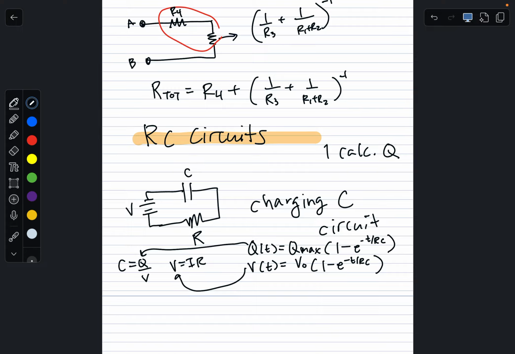It's discharging, sending charge off of its plate, and if you have moving charge, you have current flow. So C acts as the battery, providing the current. And then the discharging equations, for example, this would be Q naught, T over RC.